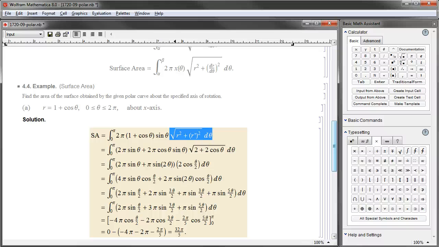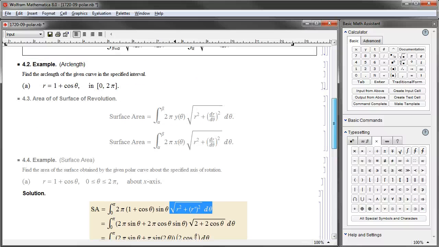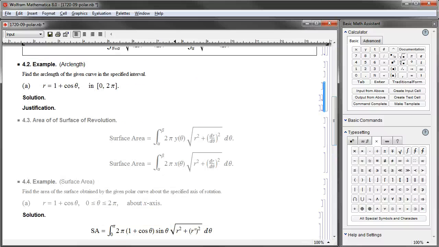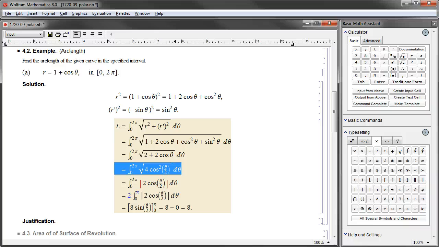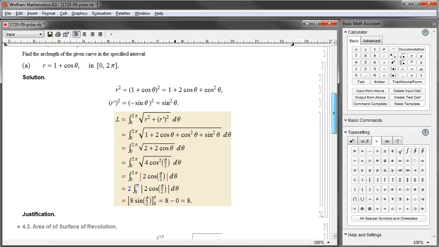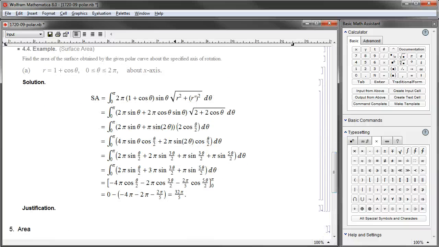We already did this computation. It wasn't simple, but we did it. R squared is like this complete square, r prime squared is like this, and we did all these computations to get this third line over there, and then used the half angle formula backwards to get the fourth line over there.